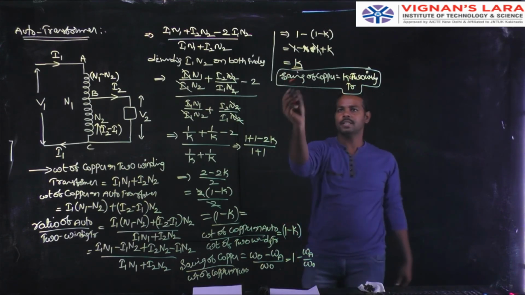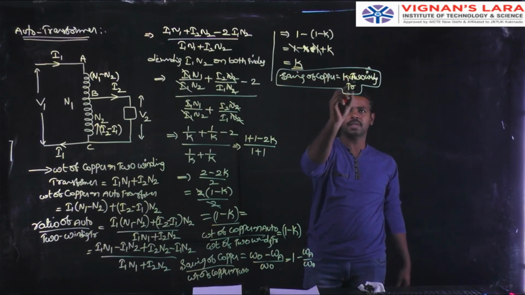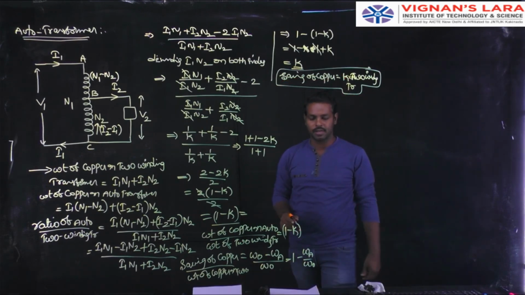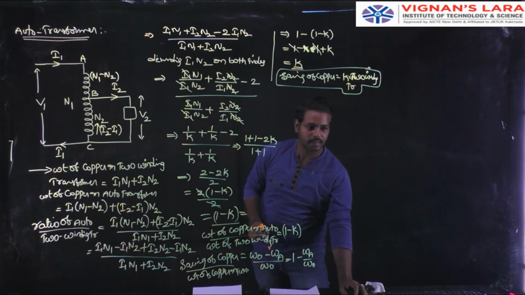So the denominator is the two winding transformer. So saving of copper is equal to K into two winding transformer. So this is the general expression.